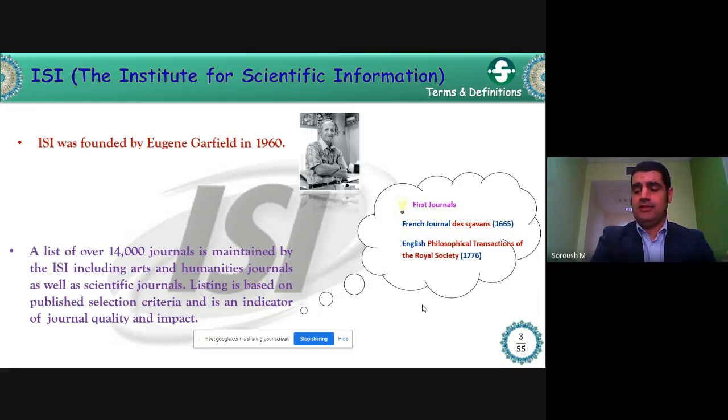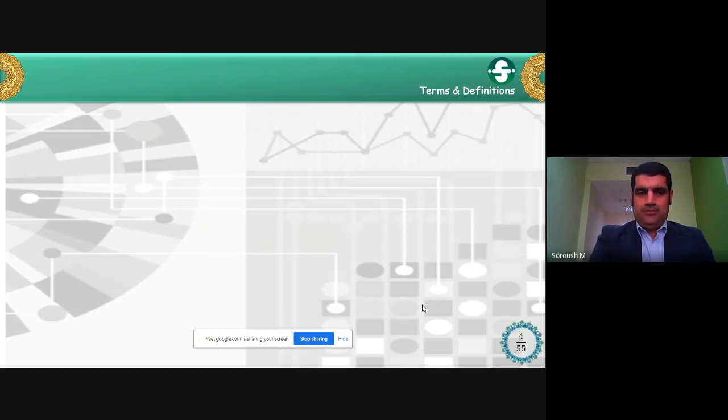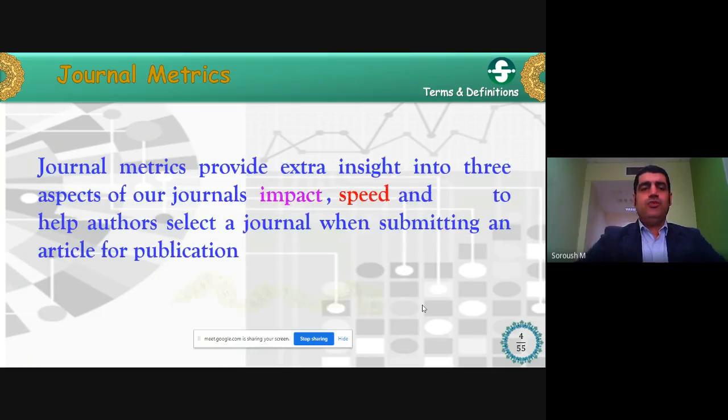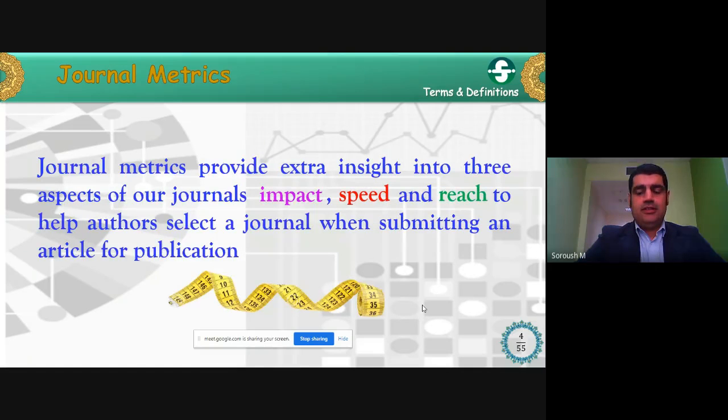And some indices were first defined for categorizing journals in terms of their quality. And the journal metrics was defined as a measure of the impact, speed, and reachability, or the ability to access the journal, and authors could select the best journal when they were making a decision about which journal would be the best candidate for publishing their work.